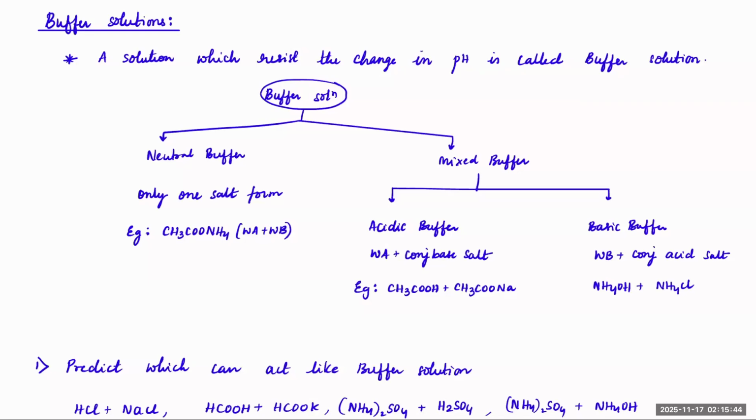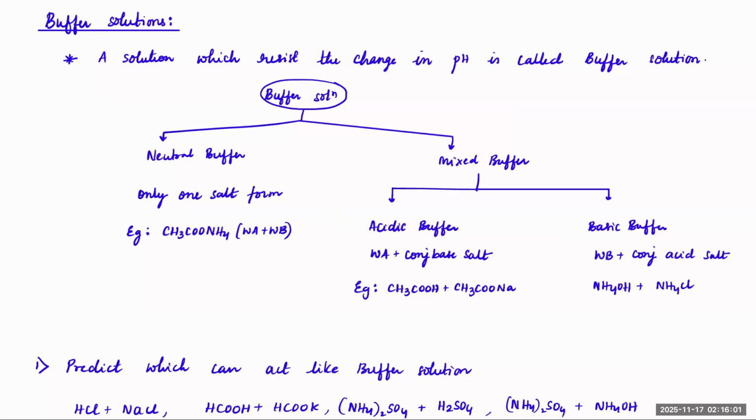But if it is a buffer solution, even if you add some amount of acid or a base, the change in pH is very minimal. Those types of solutions are called buffer solutions.